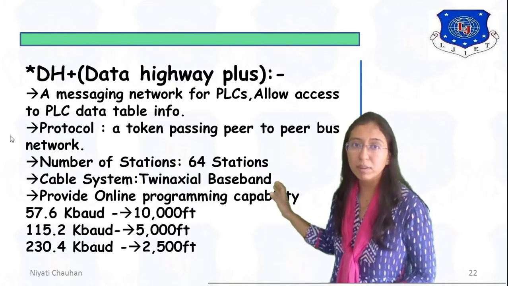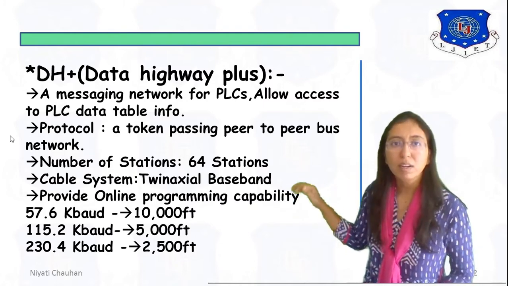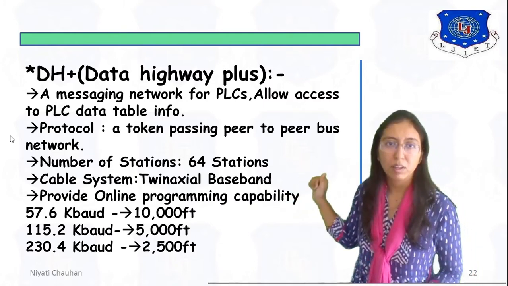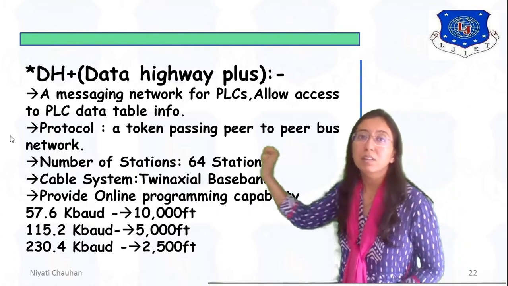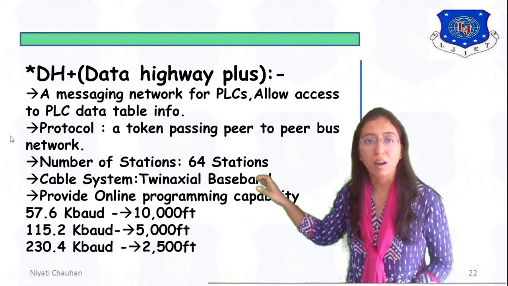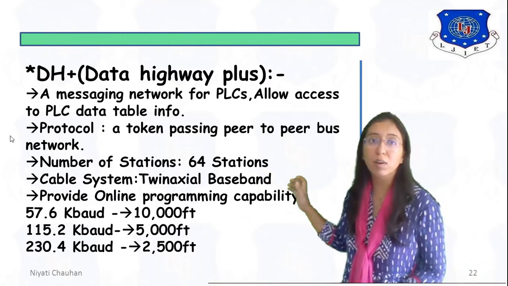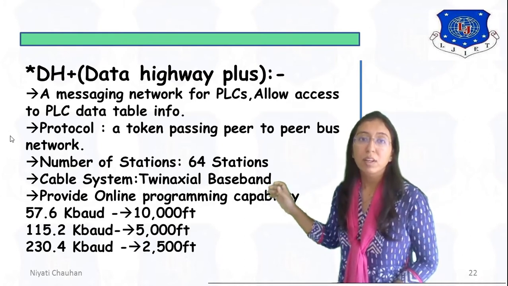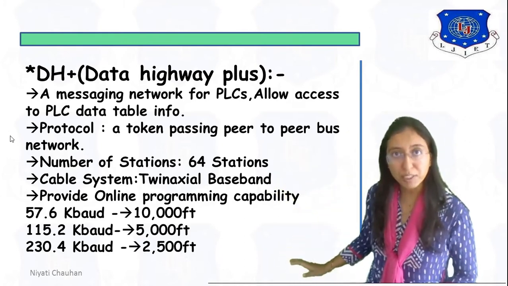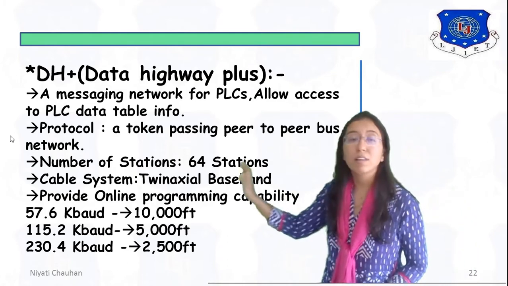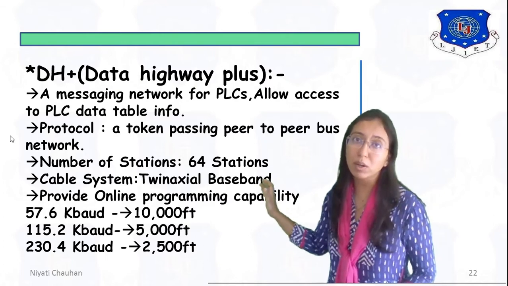In a range of 10,000 feet, we can transfer our data at a speed of 57.6 kilobytes. In a range of 5,000 feet, we can transfer our data at a speed of 115.2 kilohertz.